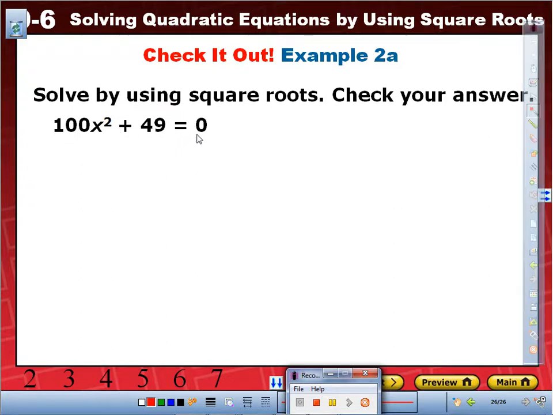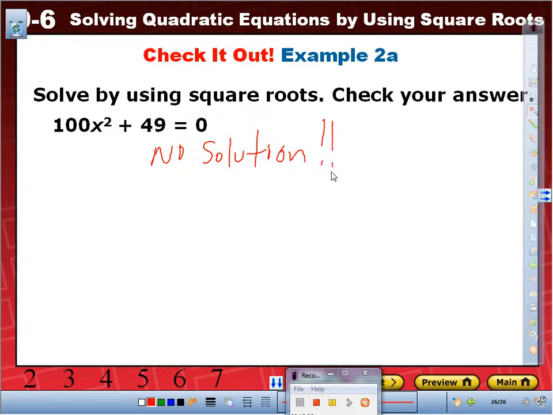And who noticed that it's equal to 0? Therefore, no solution. Why no solution? Because it meets all three things. What are the three criteria? Binomial, sum, and equal to 0. It needs to meet all those three in order for there to be no solution.